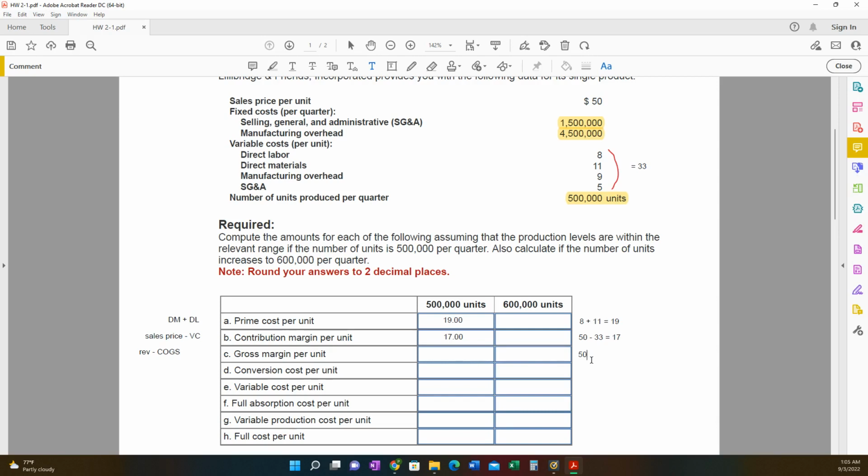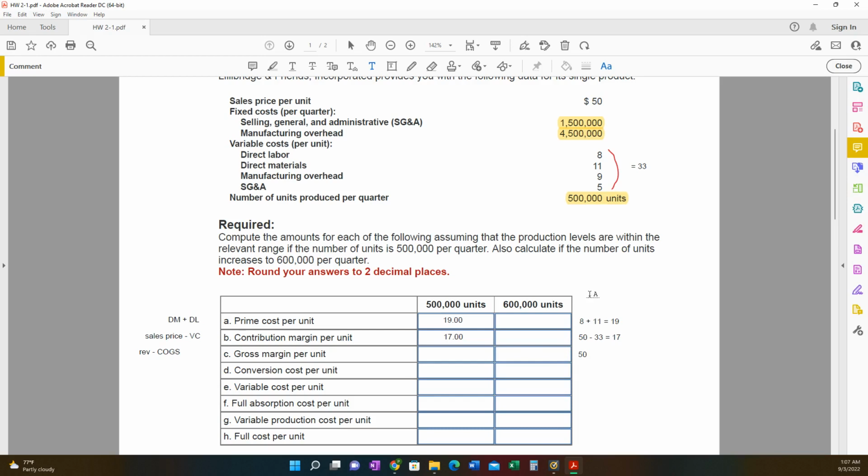Page 62 also defines that term, and it says that cost of goods sold is the same thing as full absorption cost. Page 60 talks about full absorption cost, and it defines it as all variable and fixed manufacturing costs. So remember that manufacturing costs includes direct material, direct labor, and manufacturing overhead, but it doesn't include SG&A.